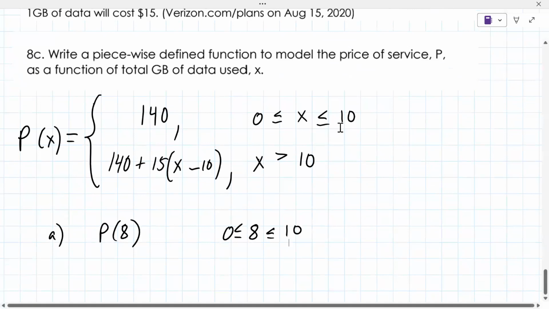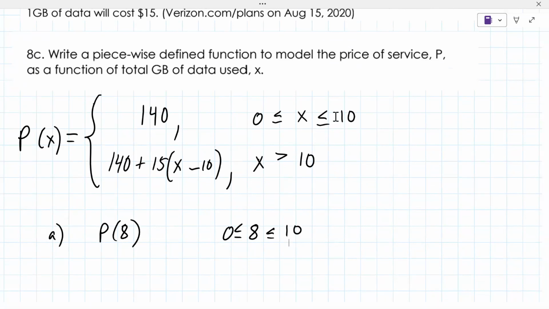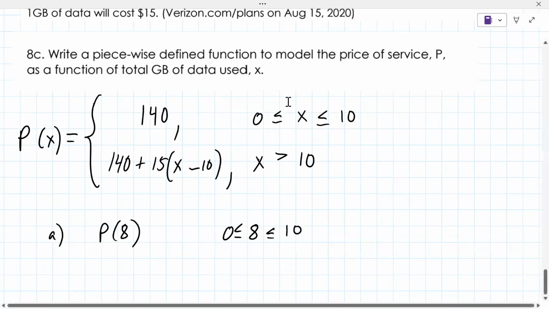Does it fall in the first interval, the first piece? Yes, 8 is between 0 and 10, so you use the first one. The cost is 140, so P of 8 is 140.